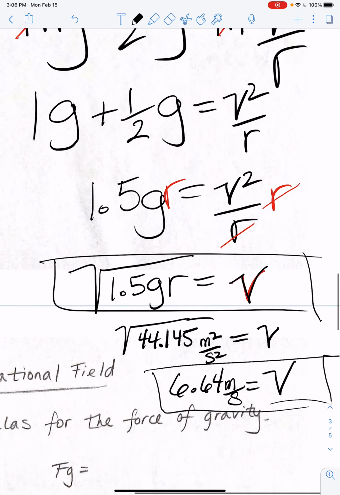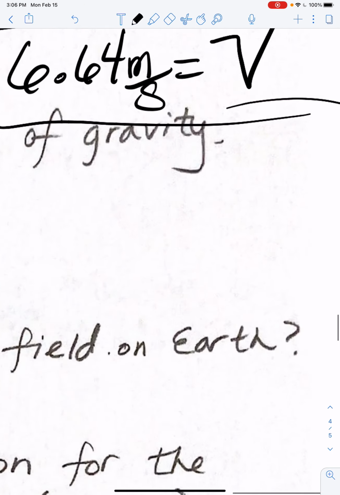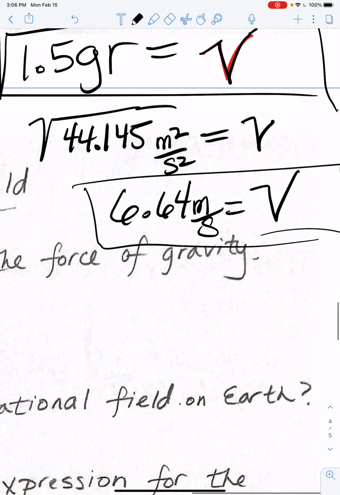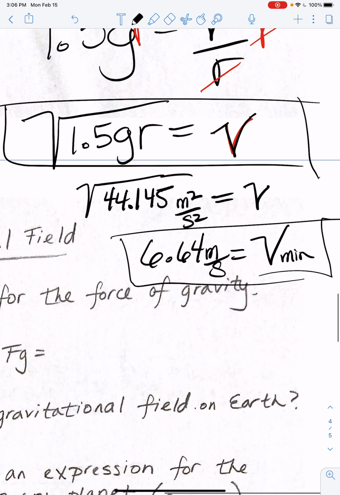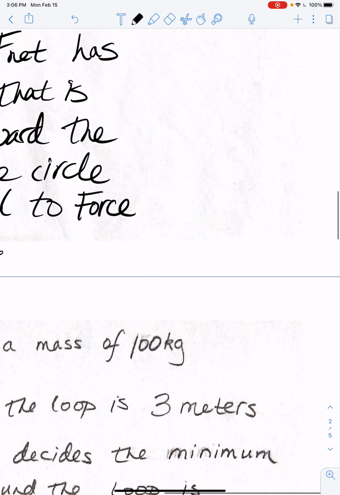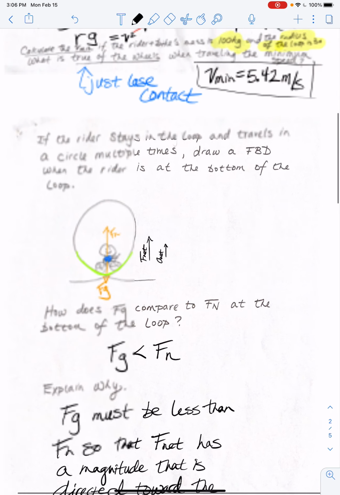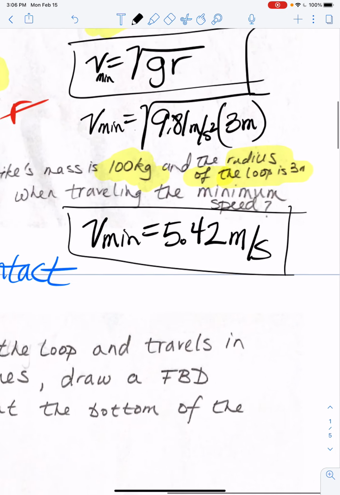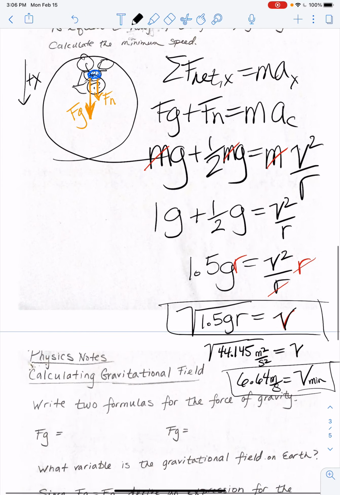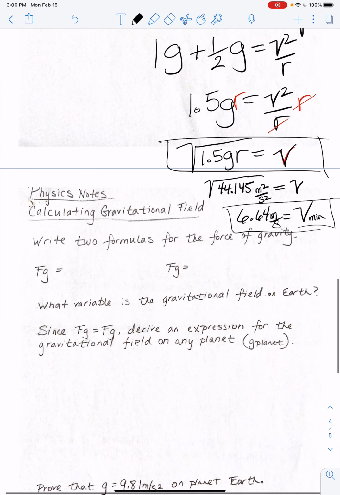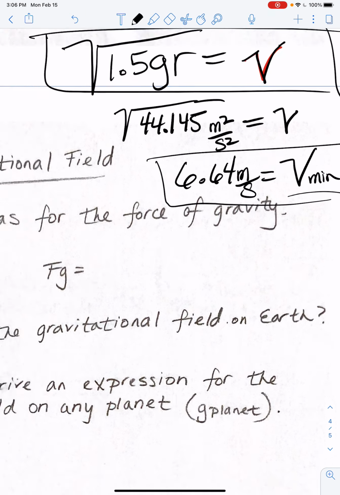Let's see, 6.64 meters per second for the vmin, compared to what it was last time, which was 5.42. So it went up by what, 1 meter per second, roughly, a little over one. Yeah, a little over a meter per second, 1.2 meters per second.